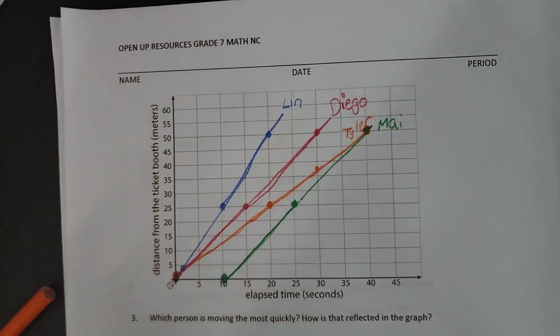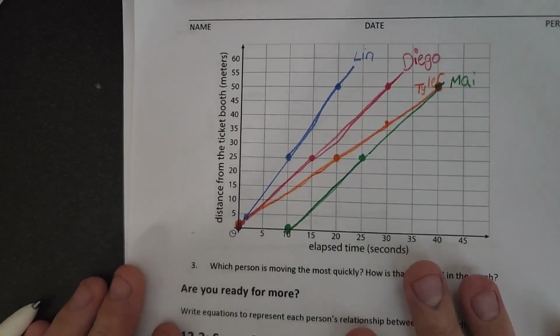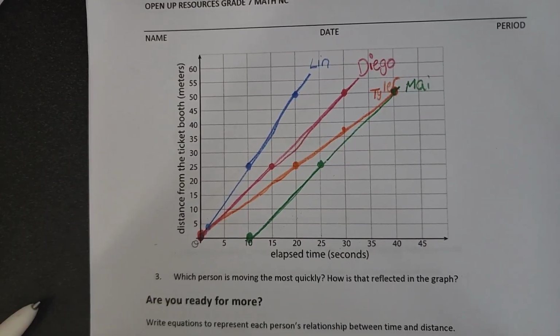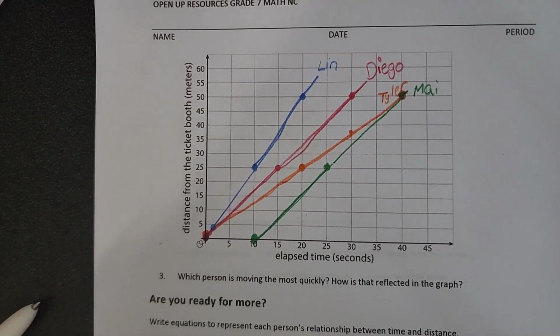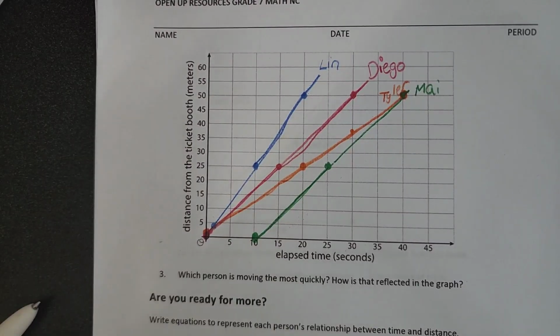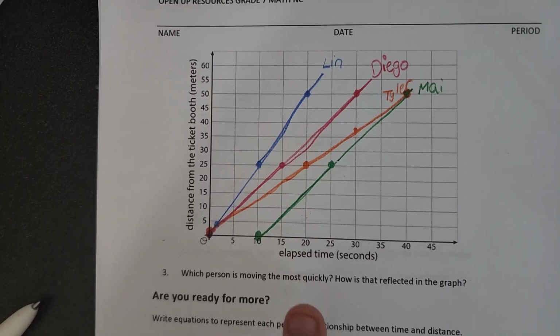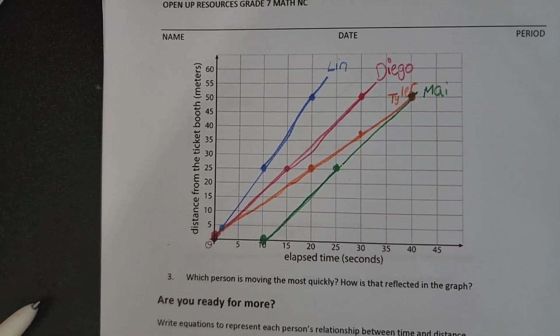Okay. Now, let's answer the question. It says, which person is moving the most quickly? So I want you to pause the video, talk with your neighbor, and answer this question. Which person is moving the most quickly? Okay, great.